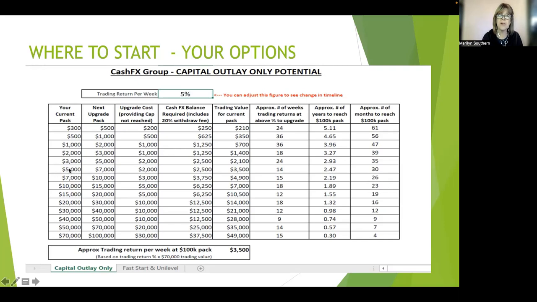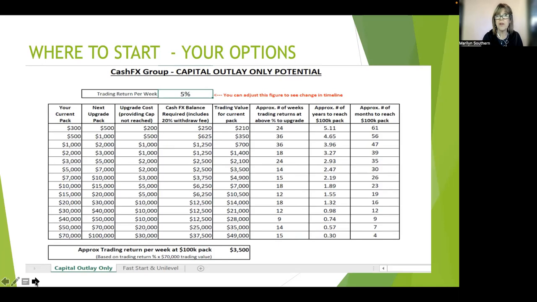At $5,000, it will take you just the same amount of time, about 2.5 years, to reach $100,000. At $100,000, currently at 5% per week, you will be earning $3,500, because the whole of the $100,000 isn't traded for you. It's 70% of your trading pack that is traded for you on the foreign exchange.